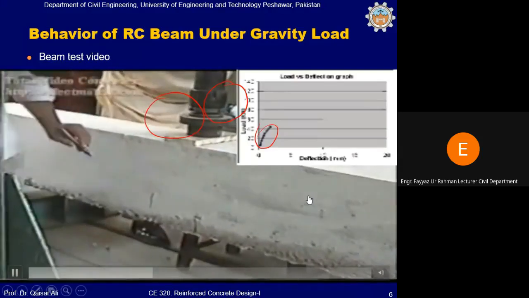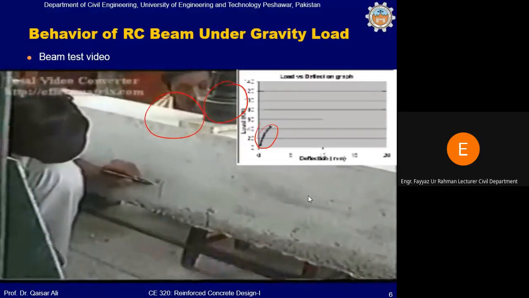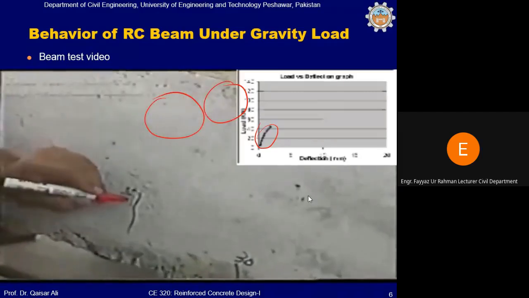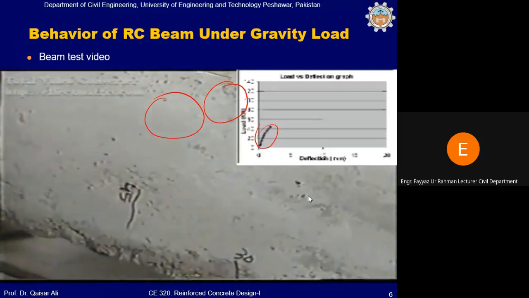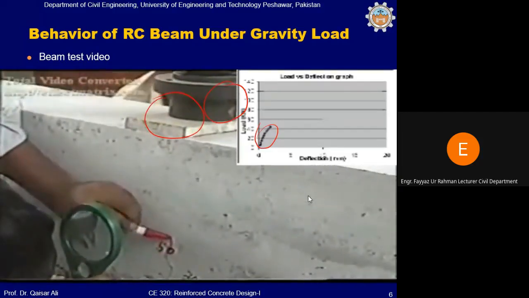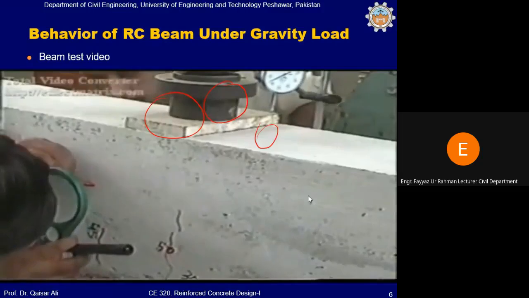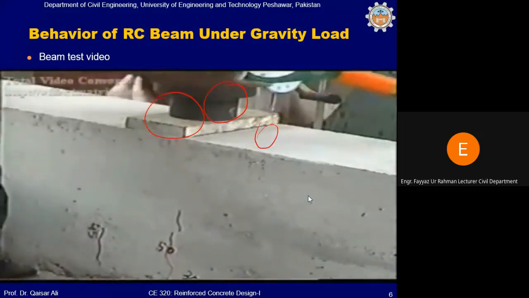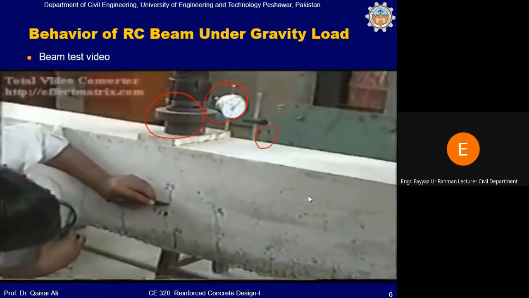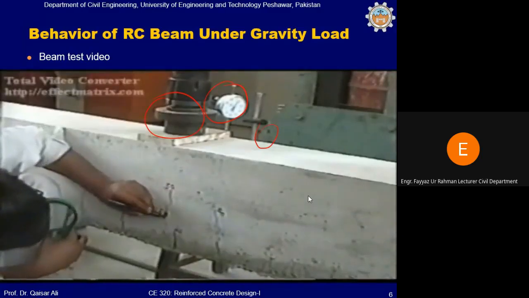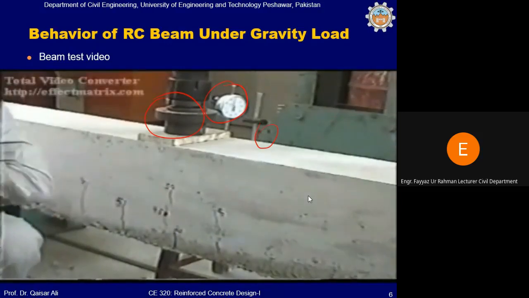Since it is an RC section designed as per ACI 318, after the appearance of the first crack, other cracks will also form at the mid portion of the beam. The number of cracks will increase. For a well-designed beam, the cracks will always be distributed like this.